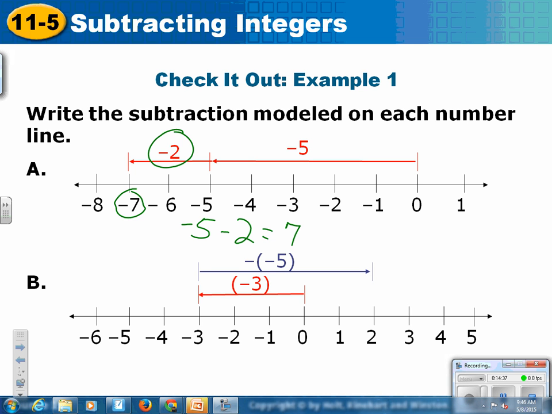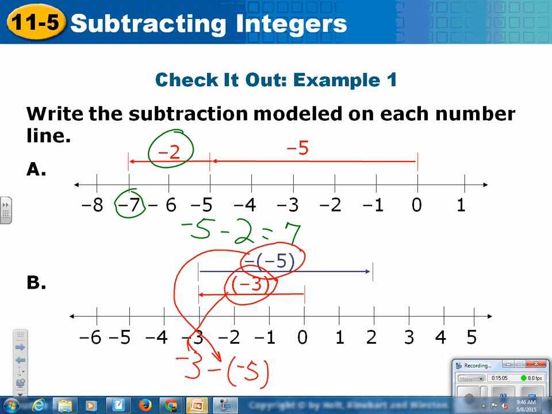Okay. Look. The first number, the one that starts at 0, is -3. Notice, that is exactly what I wrote. Minus a -5. Look.